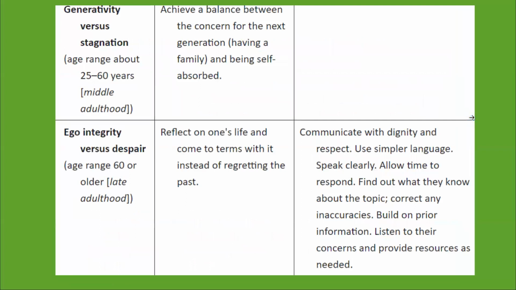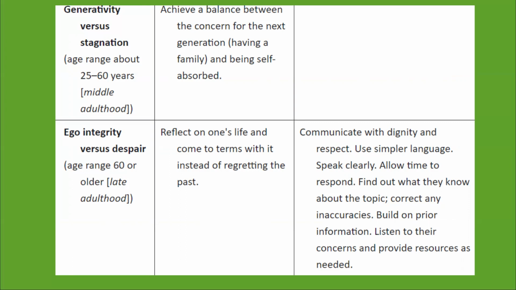Our next developmental stage is generativity versus stagnation, which is about the age range of 25 to 60 years, which is middle to adulthood. There really are no tips for communication here. You should be able to adhere to just regular, normal ways of communicating.